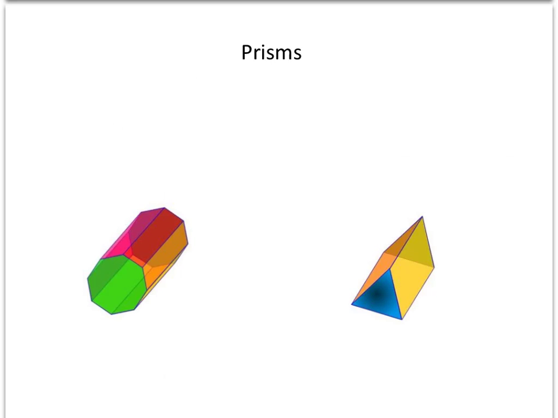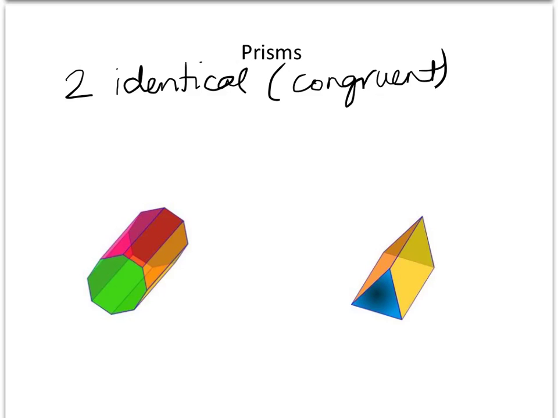Okay, we're just going to take another look at naming our different polyhedra. So we're going to look at prisms first, and prisms are polyhedra with 2 identical ends. And we learned the word for identical in another section, that was congruent ends.